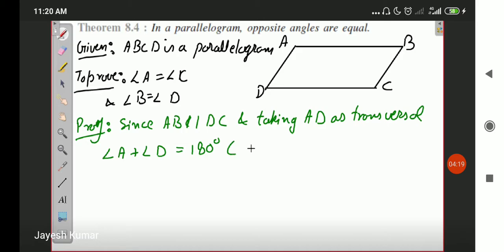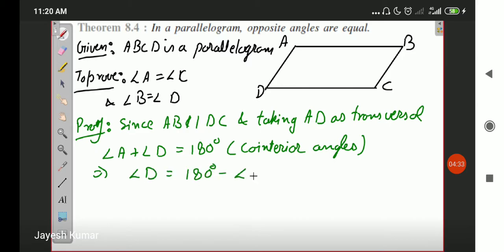Why so? Because they are a pair of co-interior angles. Or we can say that the value of angle D should be equal to 180 degrees minus angle A. This is the first equation.